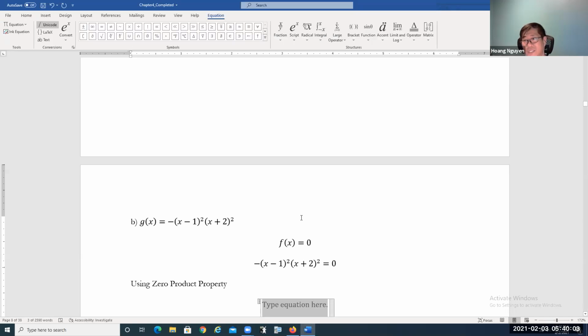We have a product equal to 0, which means at least one of the factors will be 0.